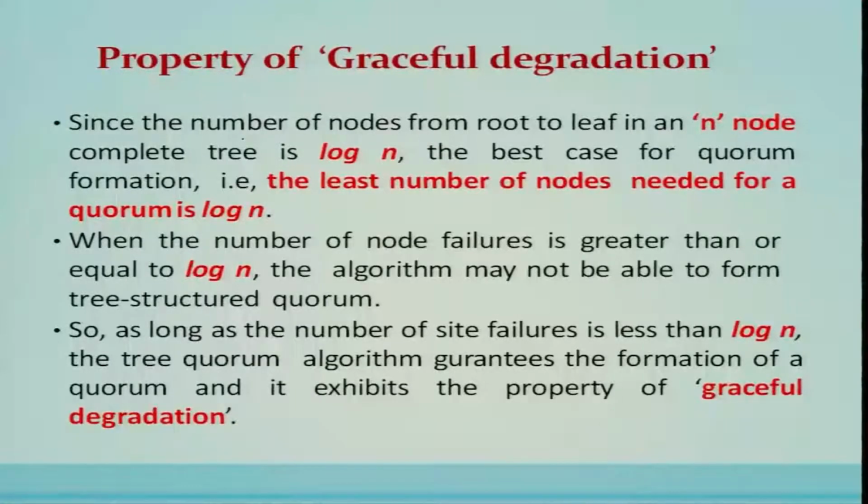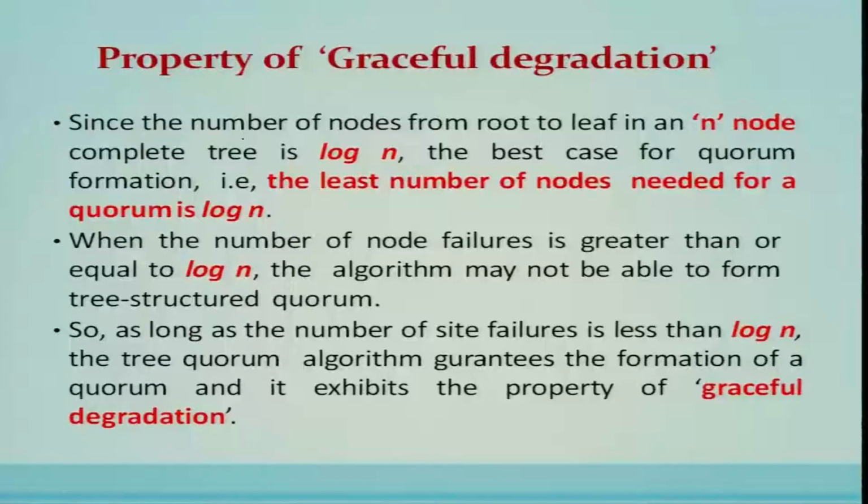Now, the property of graceful degradation. Graceful degradation means that even if some nodes have failed, you can still form the quorums. Since the number of nodes from the root to the leaf in an n node complete tree is log n, the best case for quorum formation, that is the least number of nodes needed for a quorum, is log n.